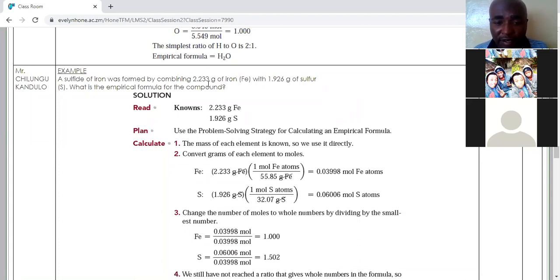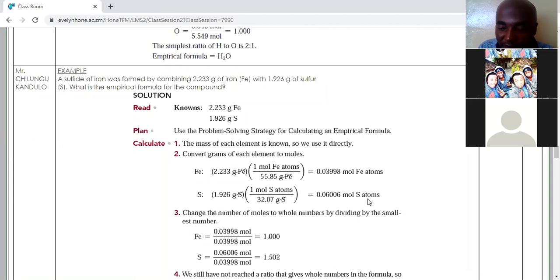You find the molar mass for iron, which is 55.85, and the molar mass for sulfur, which is 32.07. Here for iron, you do 2.233 grams over 55.85. Also 1.926 grams over 32.07.